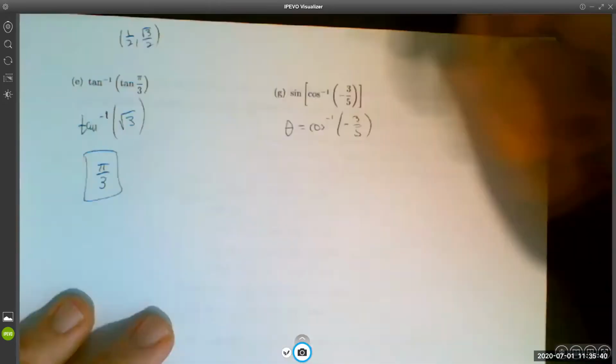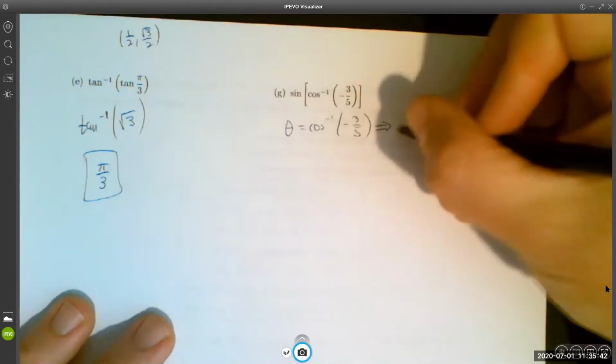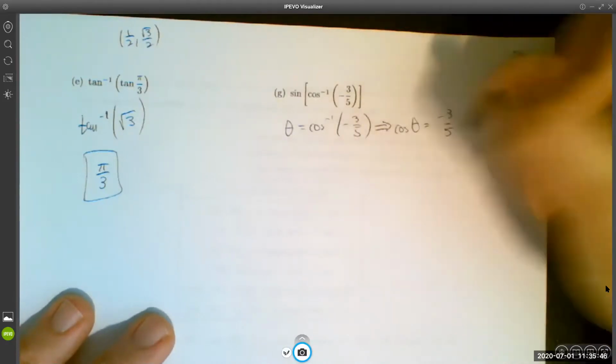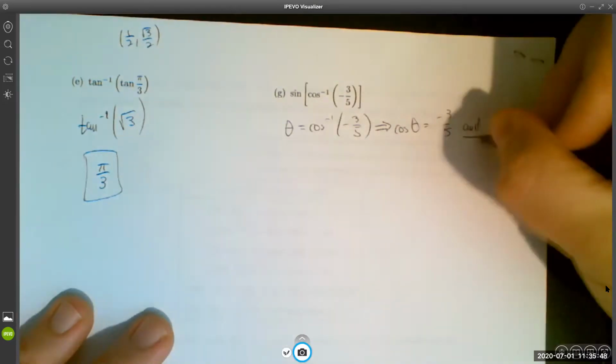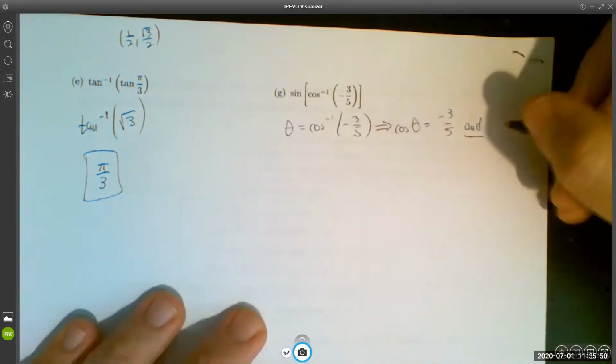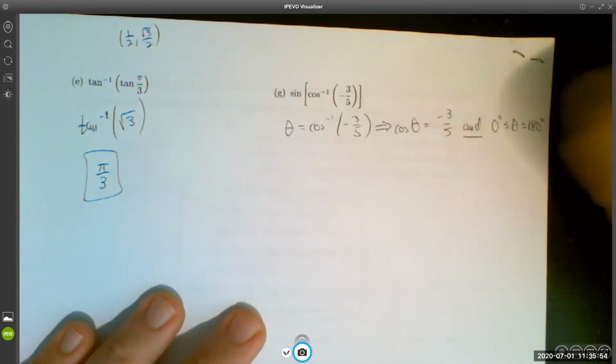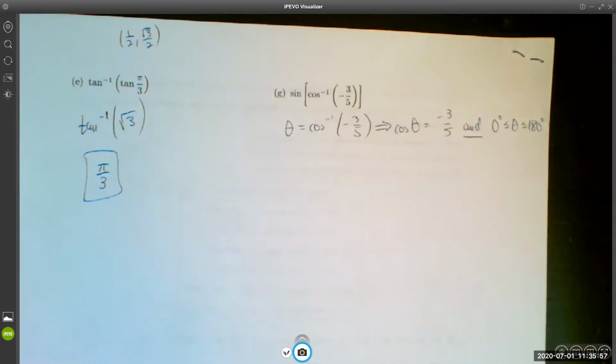So it's going to be the same idea here. Theta equals cosine inverse of negative 3/5 means that cosine theta is negative 3/5 and that theta is between 0 and 180. Okay, both of those conditions have to be met.